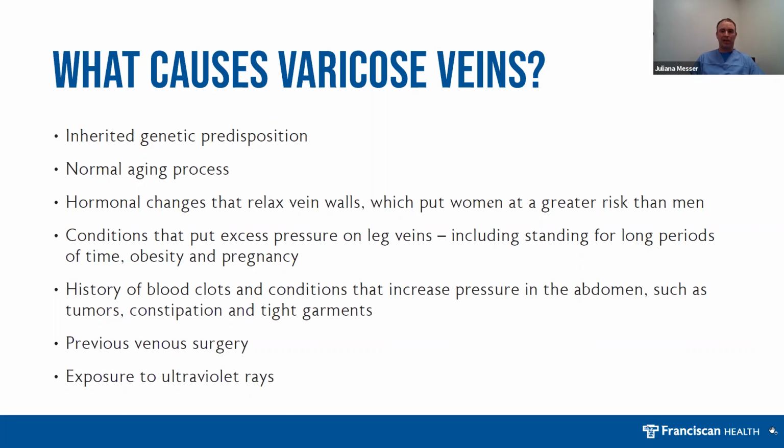The frequency increases with age. Hormonal changes that relax vein walls put women at greater risk than men. We definitely see more women than men. And other conditions that put excess pressure on the leg veins, including standing for long periods of time, obesity and pregnancy. History of blood clots can put patients at risk, and previous vein surgery and exposure to UV rays.